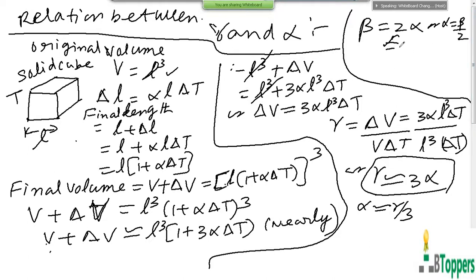So beta can be written as 2 alpha or 2 gamma by 3. Or gamma is 3 alpha, which you can also write as 3 beta by 2. That means there are different ways you can express it. And gamma can be written as 3 alpha, which you can write as alpha plus 2 alpha. Or gamma can also be written as alpha plus beta.